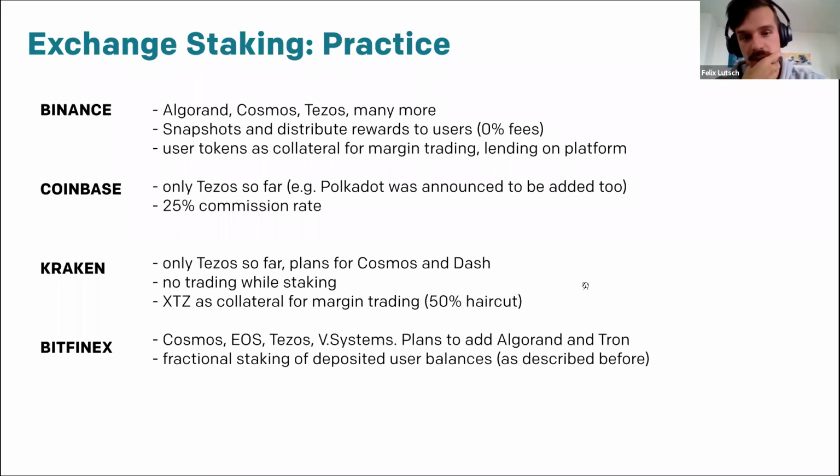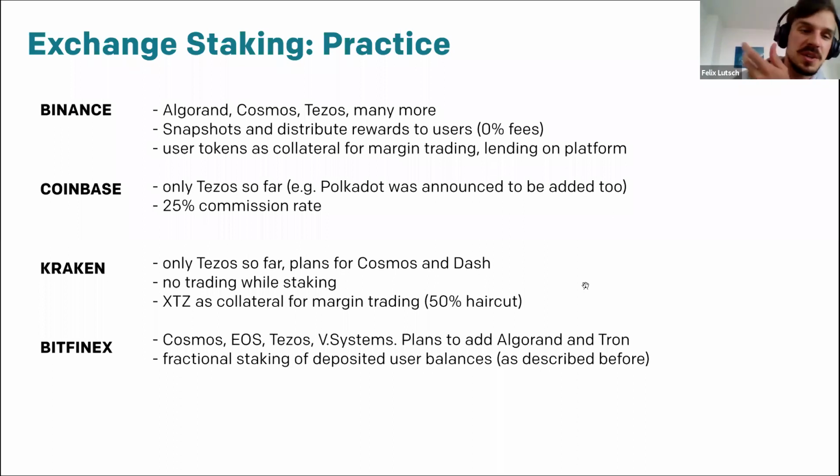They do this snapshot thing where they stake the tokens that customers deposit in staking, make snapshots of the user balances every day, and distribute the rewards that they earn accordingly. And also on Binance, because they have margin trading and lending on their platform, you can use these tokens there too. That's back to the point that I just made.